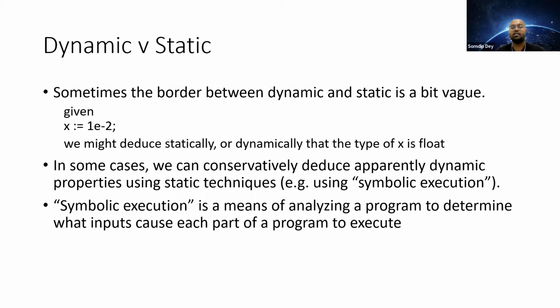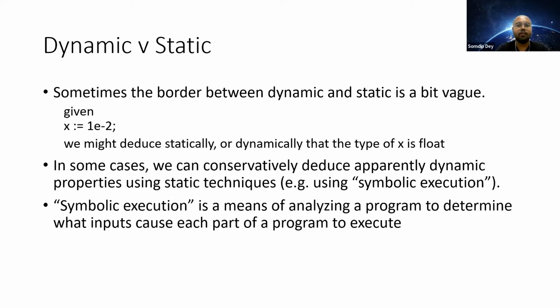Which is 0.01. That's the value of 1e minus 2, right? So here, we might be able to deduce statically or even dynamically that the type of x is actually a float, right? So this is one of the examples where you can determine either statically or dynamically that the type of x itself is a float.